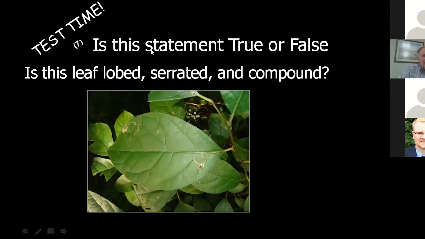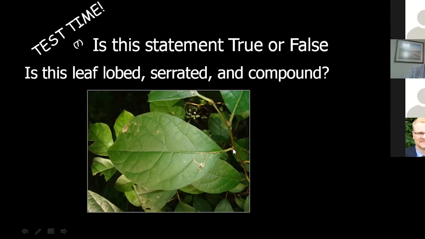Okay, on every good university test, there should be a true and false question. Now, the question is this leaf lobed, serrated, and compound? Lobed, serrated, and compound. So the first thing you do in any question dealing with trees is find the bud.